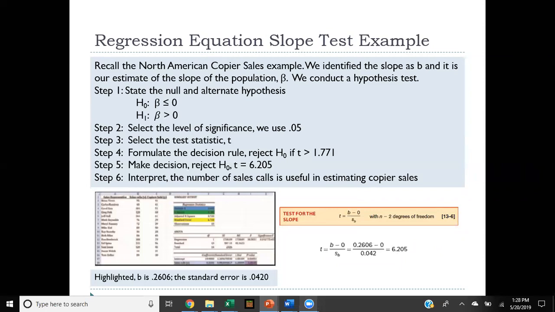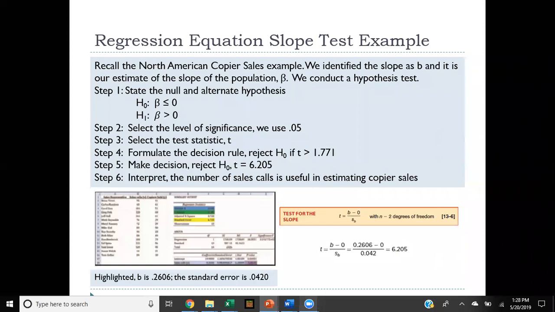We have 15 sales representatives who are being surveyed, and we want to determine whether or not the slope is significant.